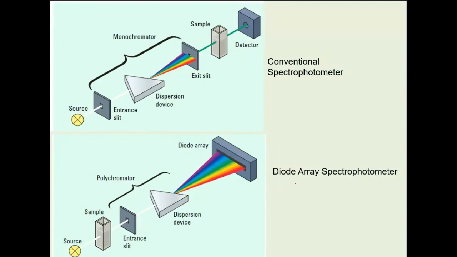In the case of the diode array spectrophotometer, considered an advanced concept, the light from the source impinges on the sample first. Whatever light is transmitted is then dispersed by a polychromator using the grating concept. That's why it gives you a better picture of the light transmitted out of the sample.